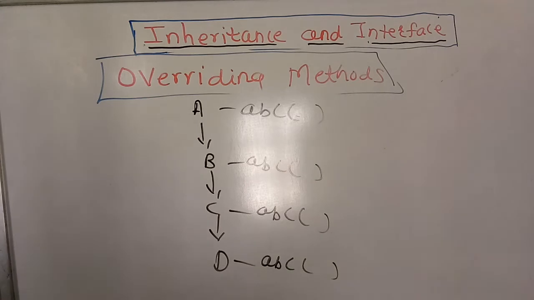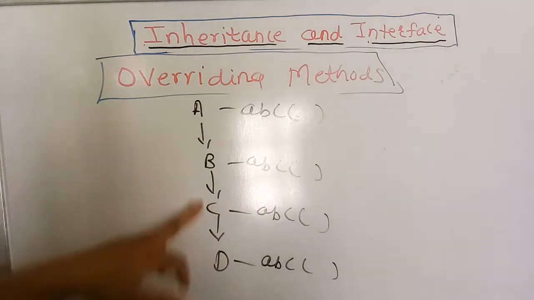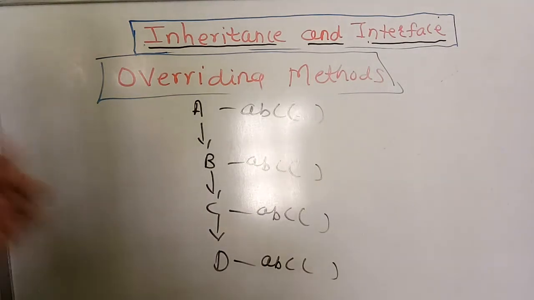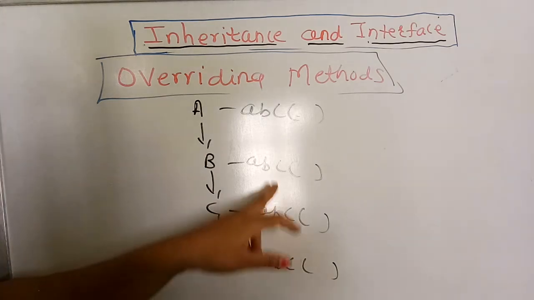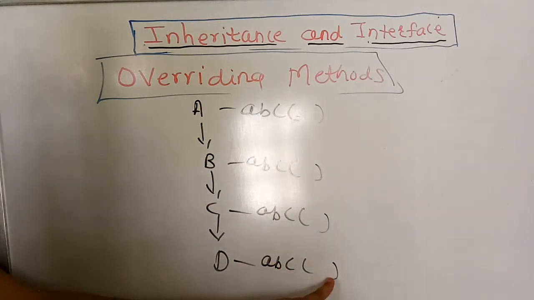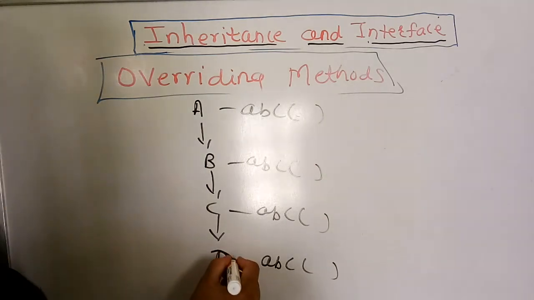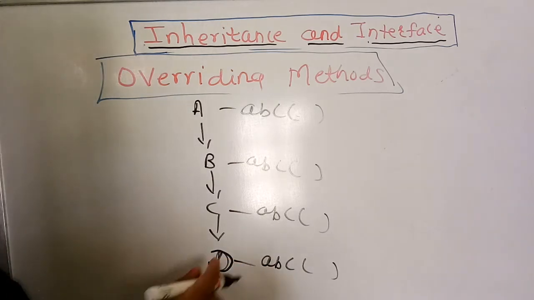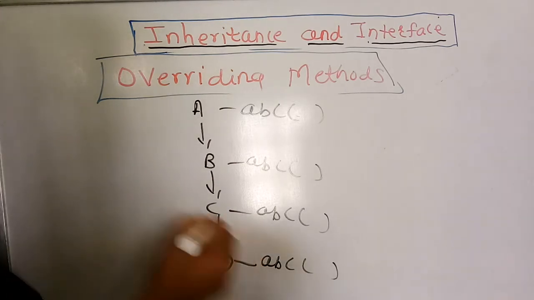A is derived by B, B is derived by C, and C is derived by D. All have the same name but different parameters and different mechanisms. You all know that when the inheritance mechanism is there, the last class object is created.